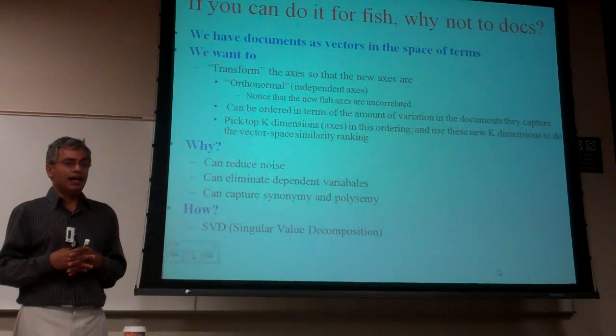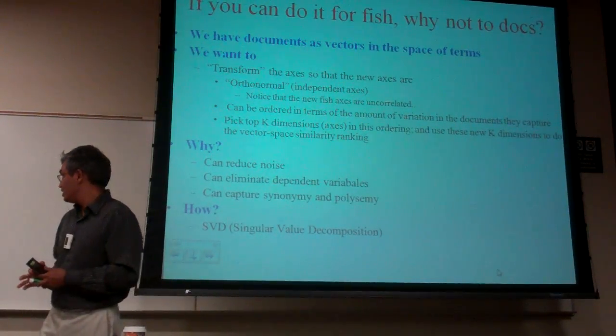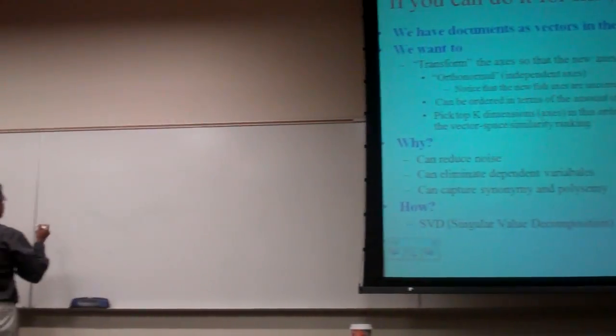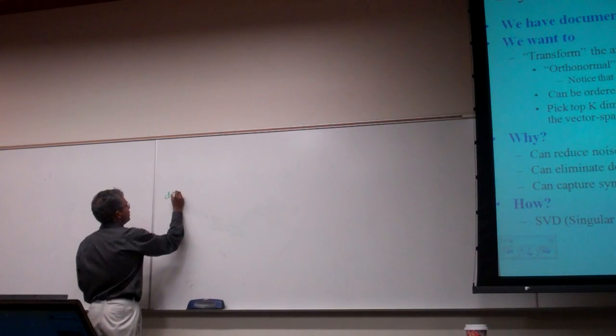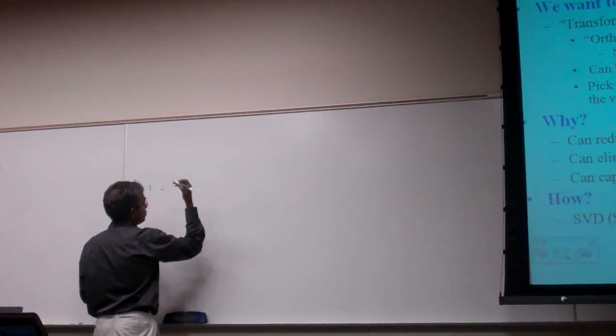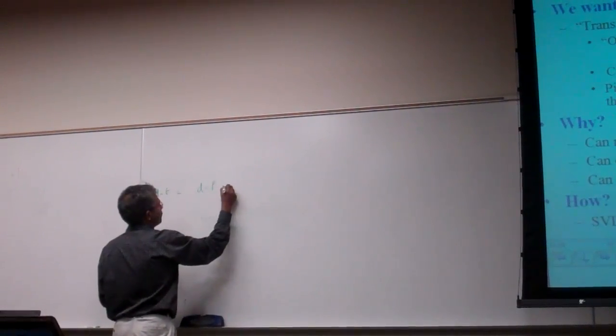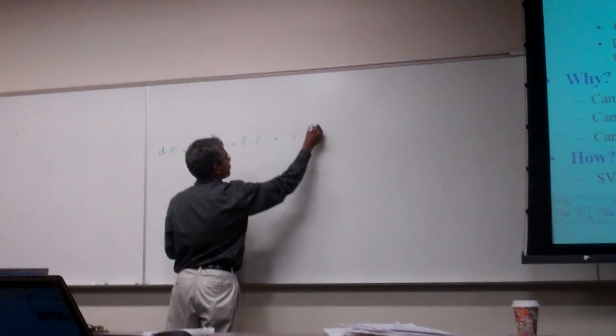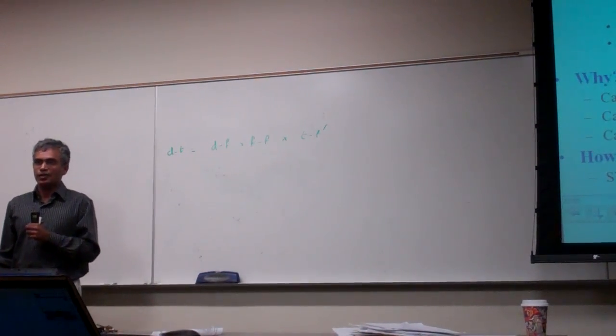The singular value decomposition of the document term matrix would be of the following form. DT is decomposed into 3 matrices, DF times FF times TF prime.